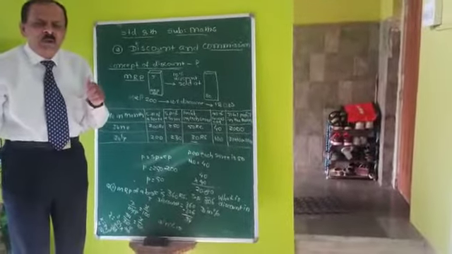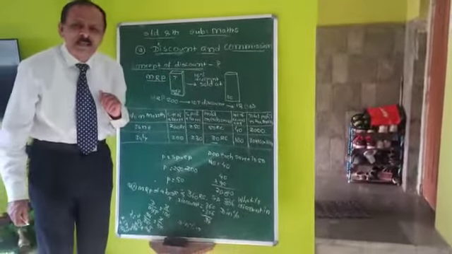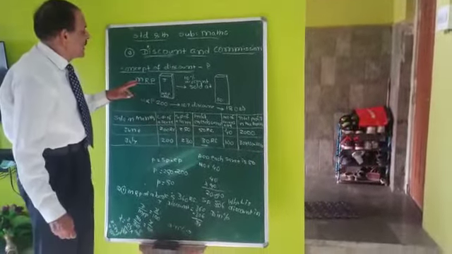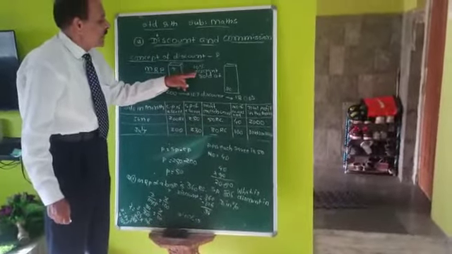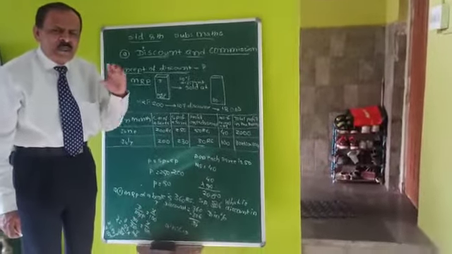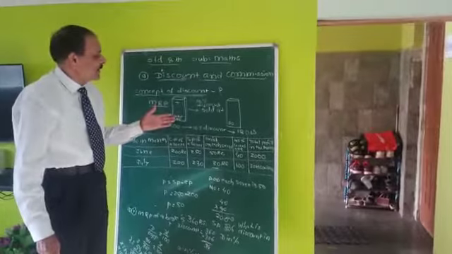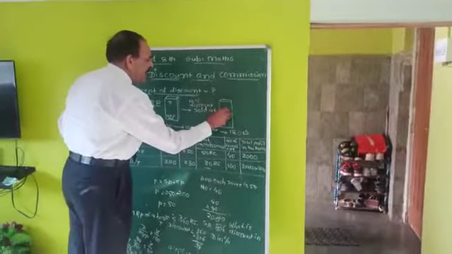Nipun, what will be the actual cost of that bottle then? Actually MRP is 100 rupees and discount offered is 10%. So what will be the actual price? After a 10% discount, 90 rupees. That is the selling price, 90 rupees.